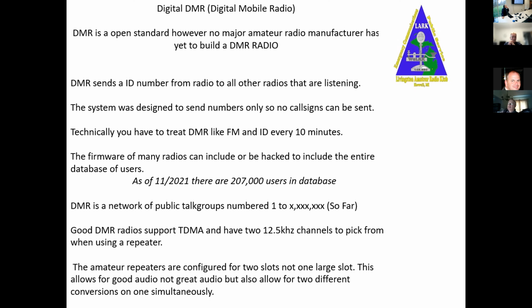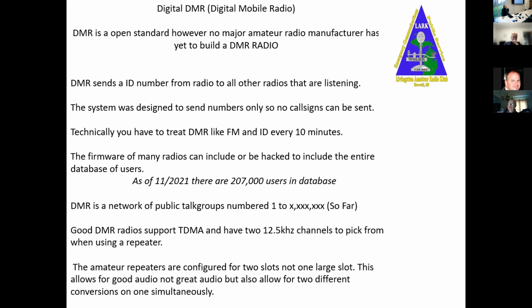So it's not like D-Star where the codec has to be licensed per chip. And that's why there are fewer D-Star radios out there and they cost a little more. My understanding is that there are DMR software packages for Linux that allow you to talk DMR without having to have real hardware. But it is an open standard.